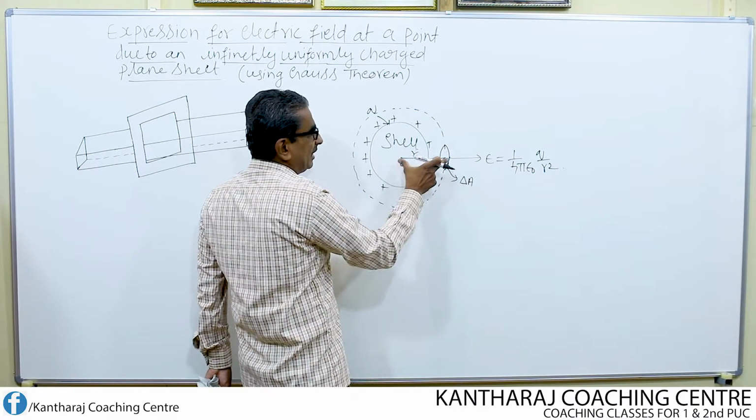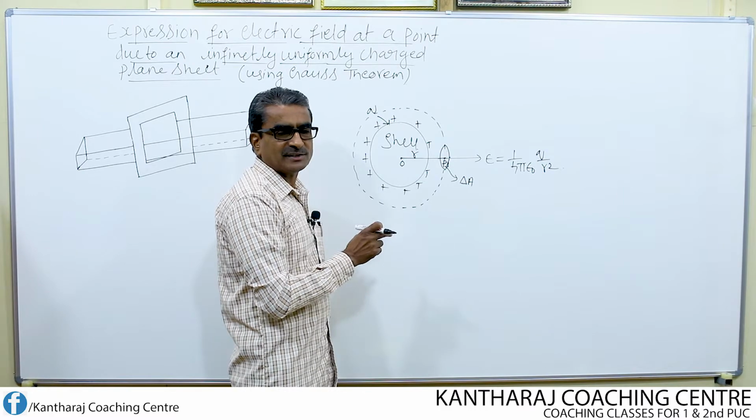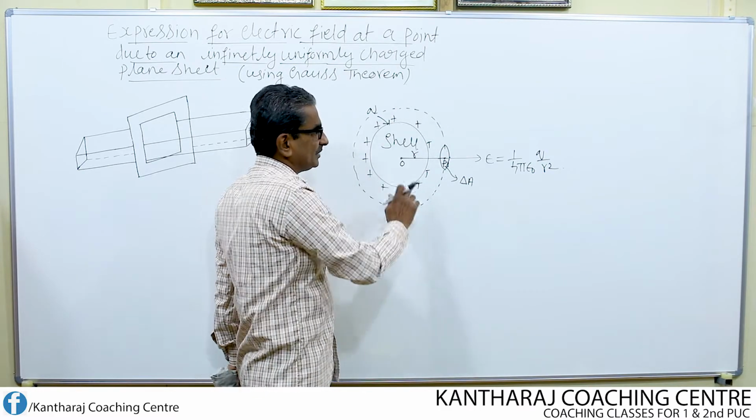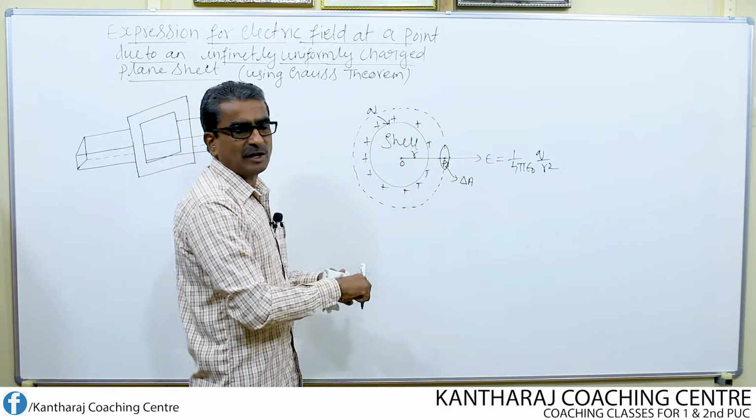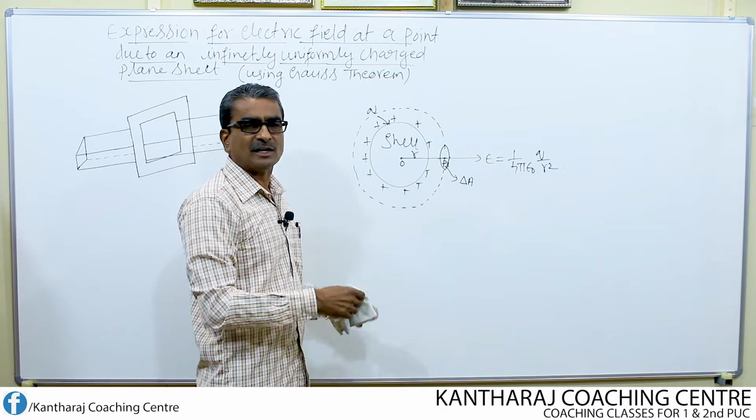That means in this case r forms the radius of the Gaussian surface. So this is the equation which we already obtained by making use of Gauss theorem.